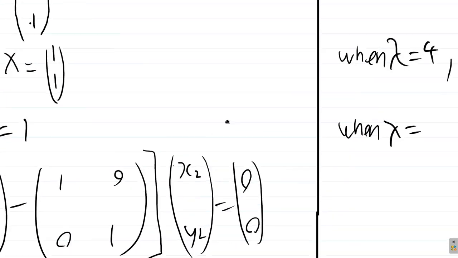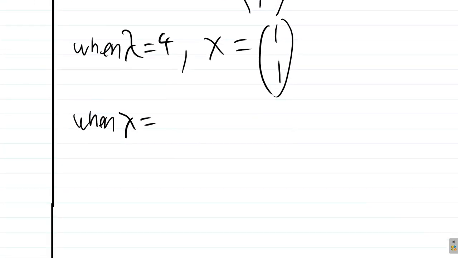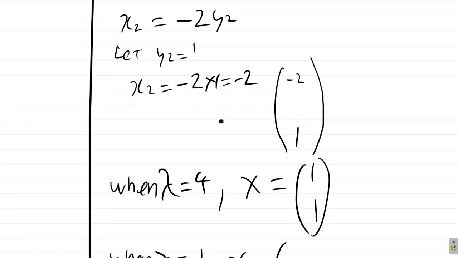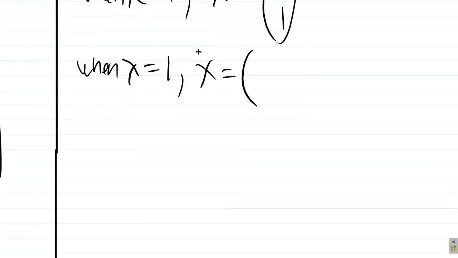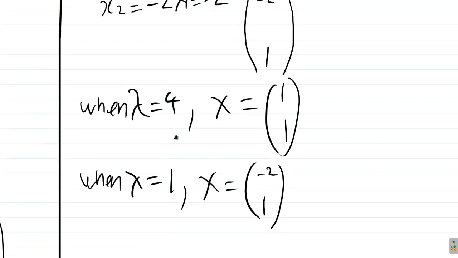Yeah, this would be lambda 2 now. When lambda equal 1, then X equal negative 2, 1. So therefore, when the eigenvalue is 4, the eigenvector is 1, 1. When the eigenvalue is 1, the eigenvector is negative 2, 1. That's what we're saying. Alright? So, I'll see you in the next video then.